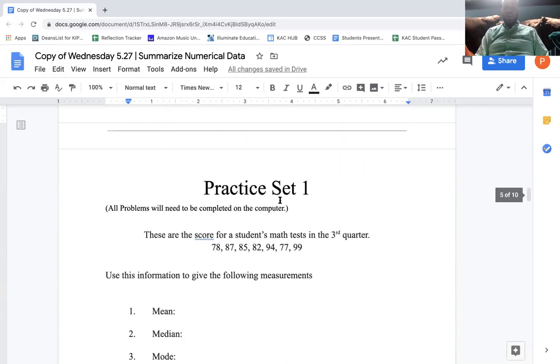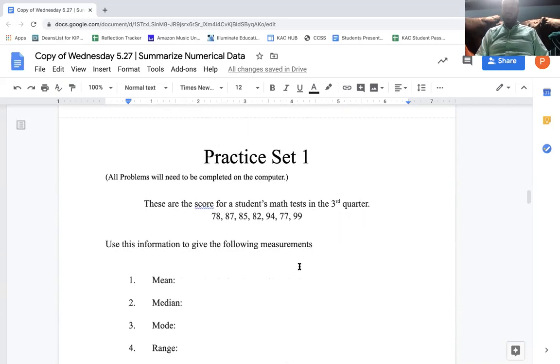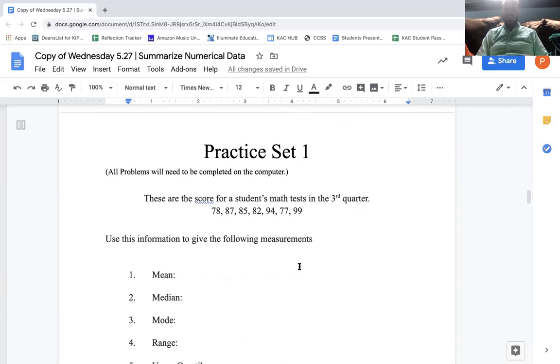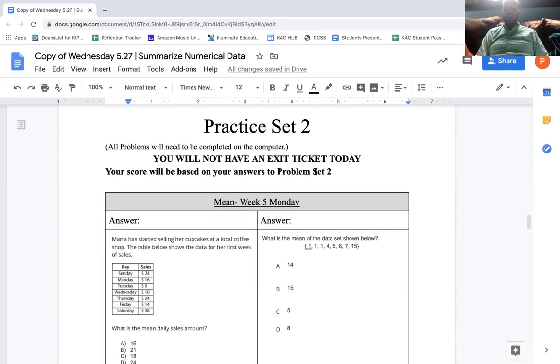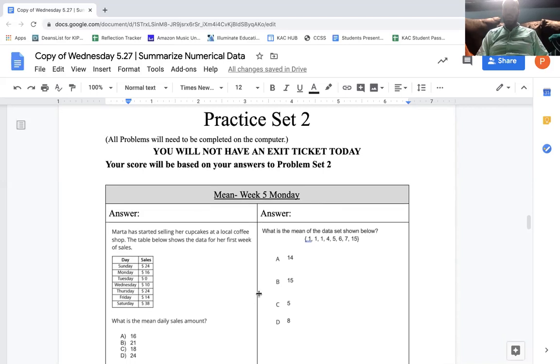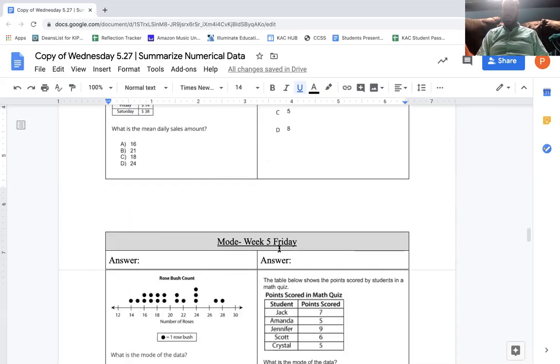Okay, problem set 1 is exactly the same as problem set 2, so you won't see any answers on here. Practice set 2. Again, these are multiple choice on the exact same concepts. If you're stuck, it also tells you where you can go back to in Google Classroom. If you don't remember how to do mean, go back to week 5 Monday and check the video or the notes to refresh it.